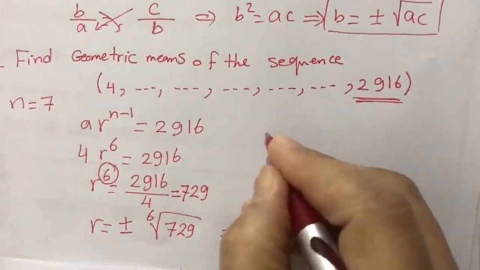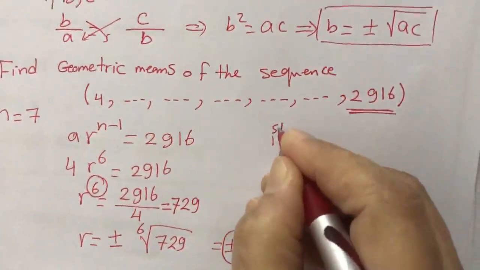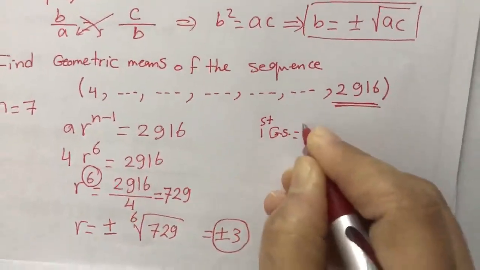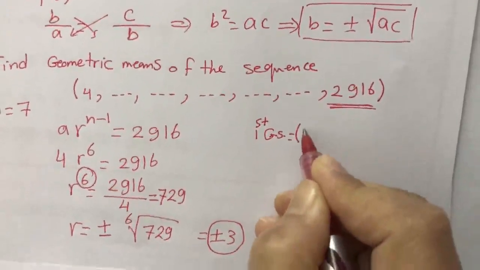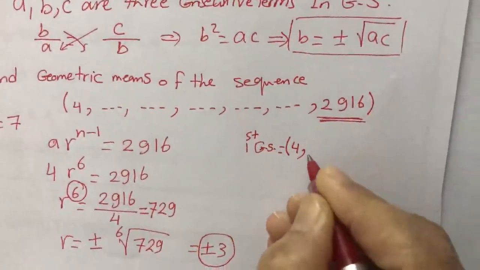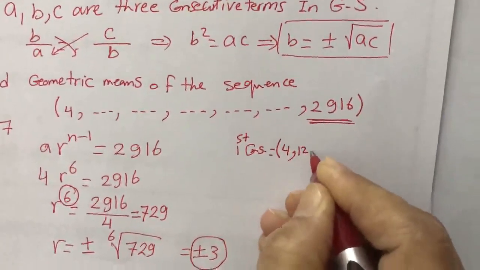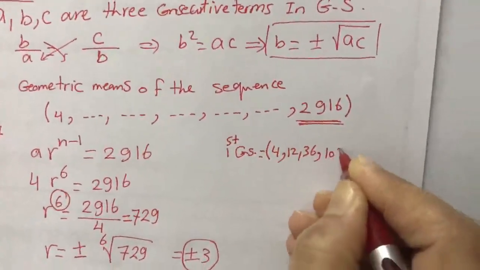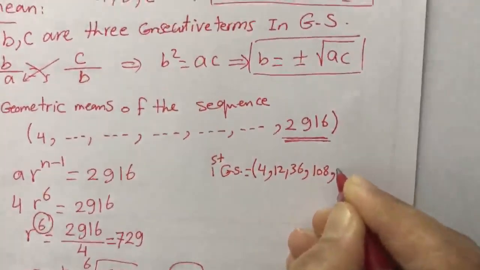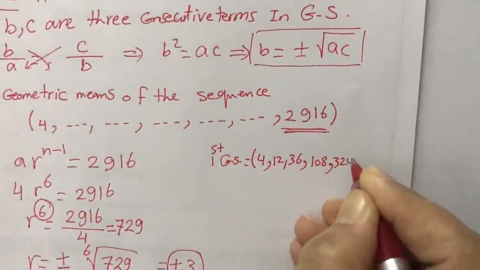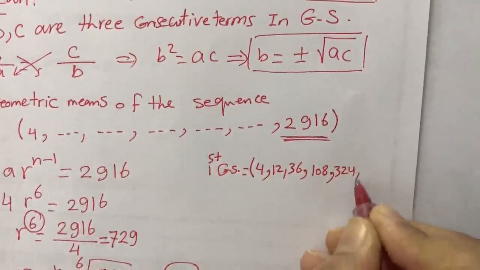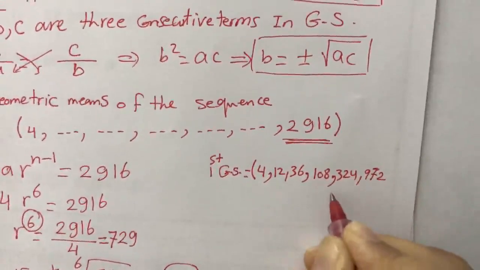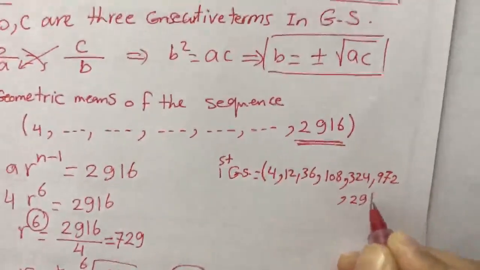Here, the first sequence starts with 4. If I multiply it by 3, it will be 12, 36, 108, multiply by 3, 324, multiply by 3, 972, and the last one is 2916.